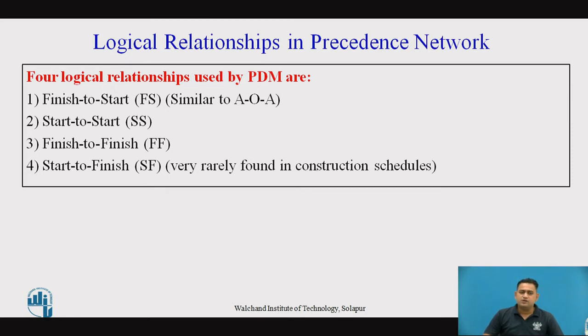Out of these four, the first one is mostly used in each project. Finish to start means the successor activity starts only after the completion of the preceding activity, which is mostly observed in each and every project. Now let's see one by one.